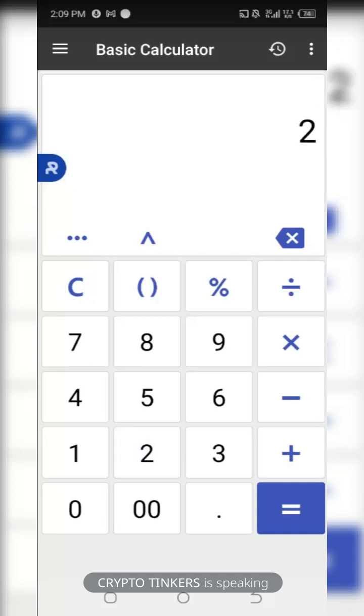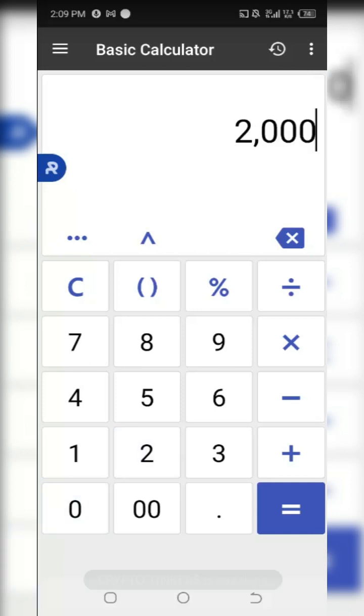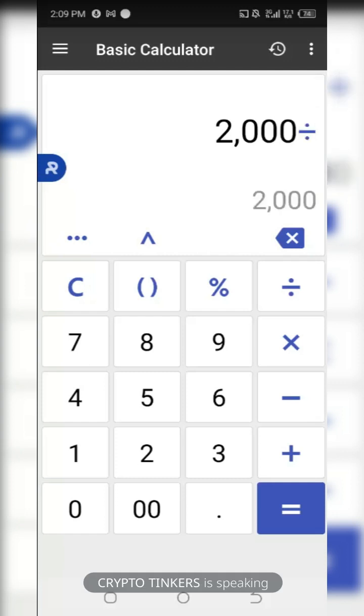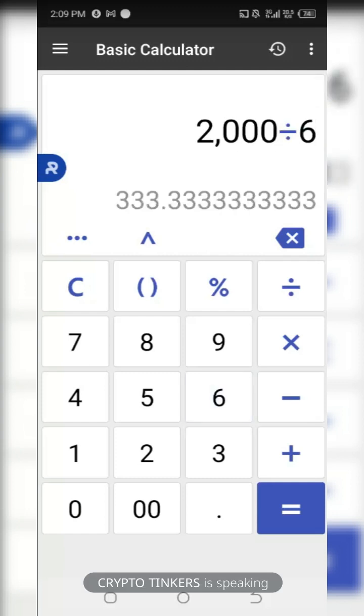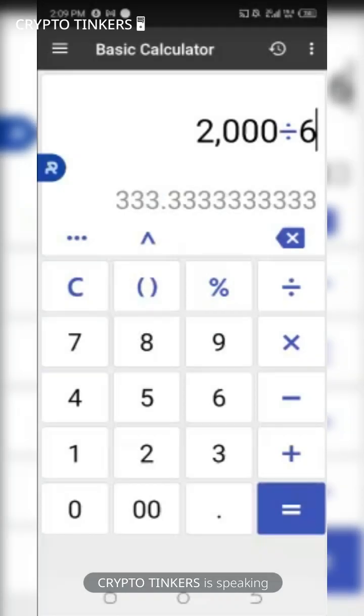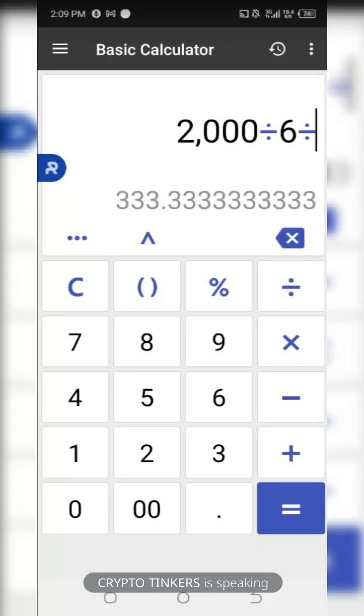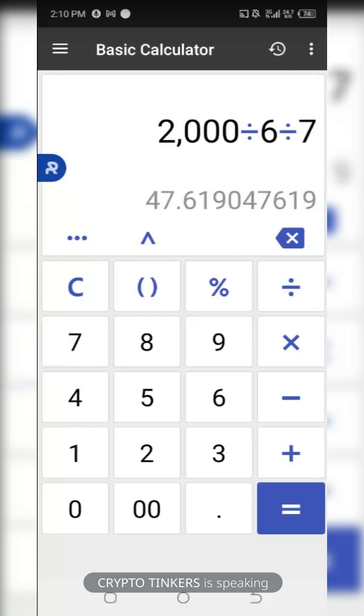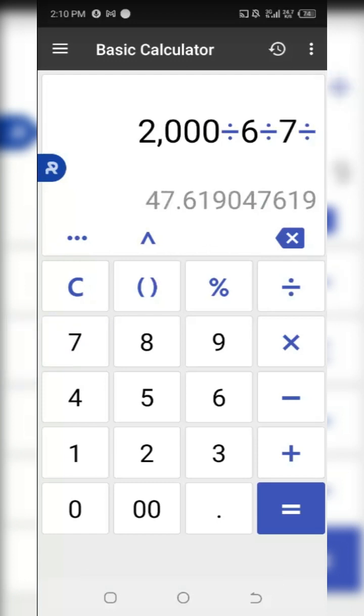You have $2,000. You can divide this $2,000 by 6 so that you can trade those other assets, or you can divide it by 7.